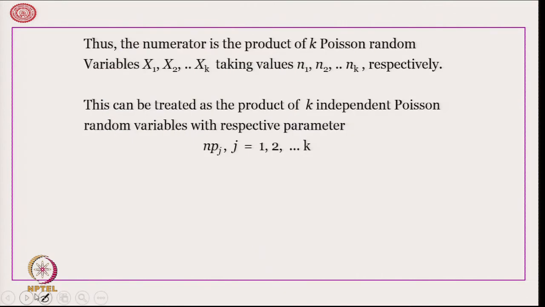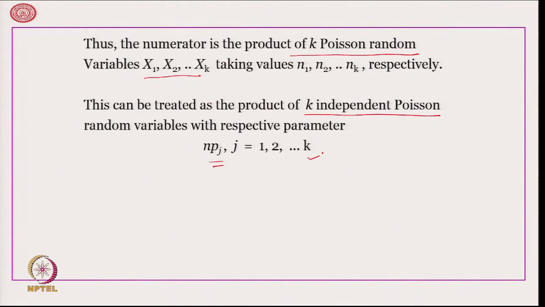Therefore, the whole numerator is the product of k Poisson random variables x1, x2, xk taking values n1, n2, nk, and this can be treated as a product of k independent Poisson random variables with respective parameters np1, np2 up to npk.